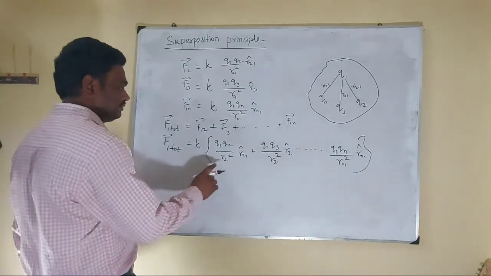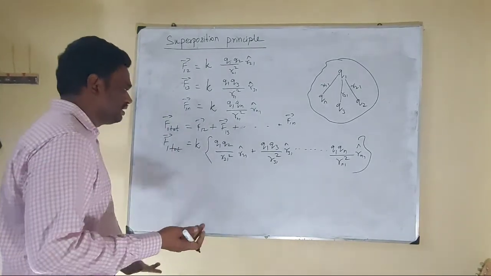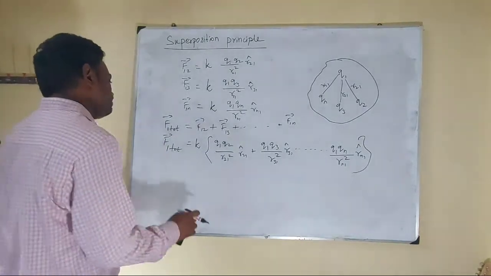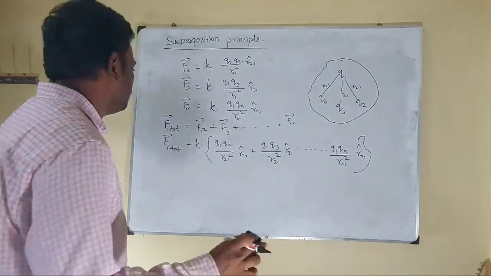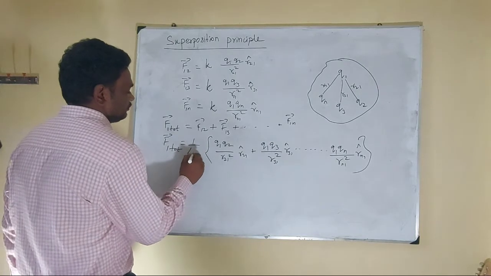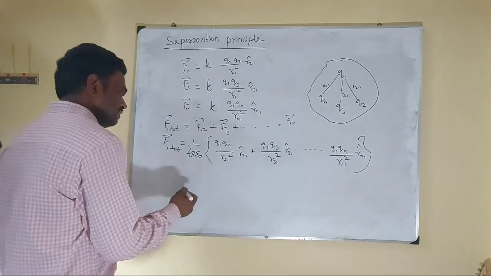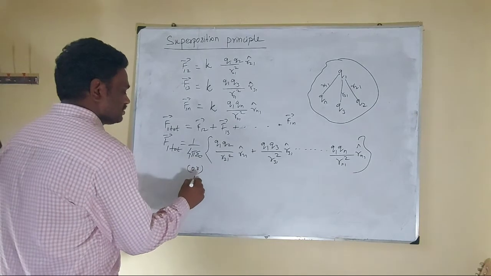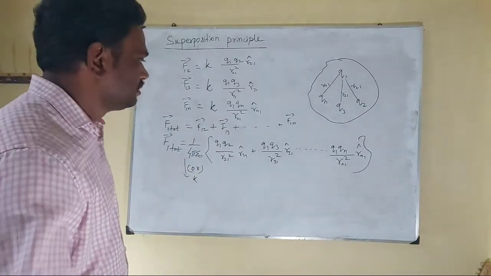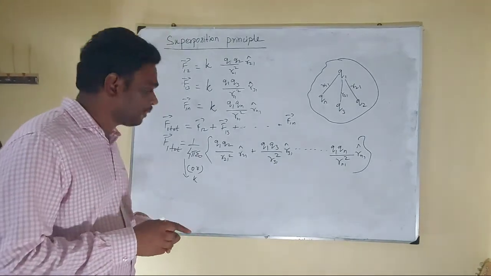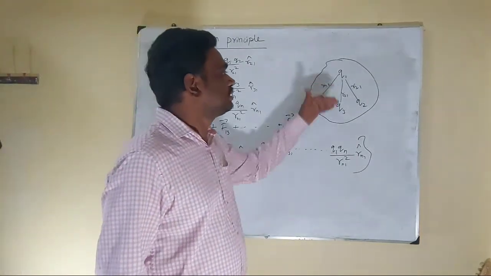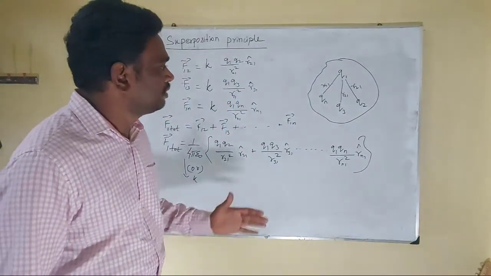Here k is a constant, or you can write 1 by 4 pi epsilon naught. Both are the same, so instead of k you can also write 1 by 4 pi epsilon naught, or you can use the constant k here. This is called the superposition principle. By using the superposition principle, we can find the electric force on a charge Q due to other charges.